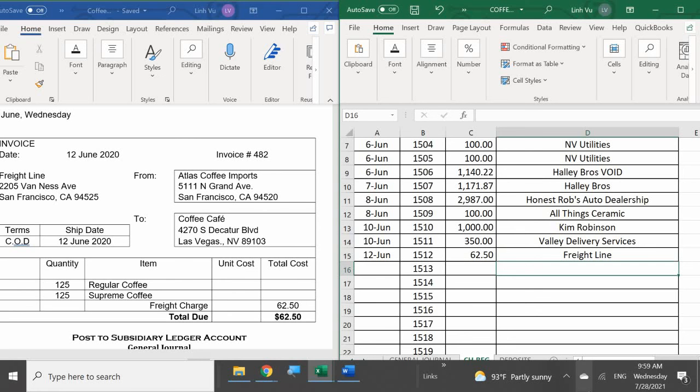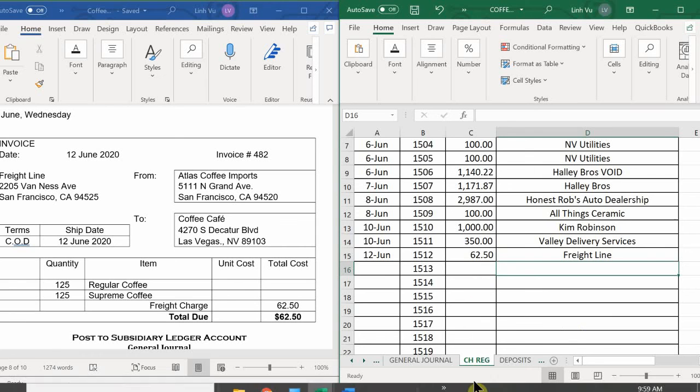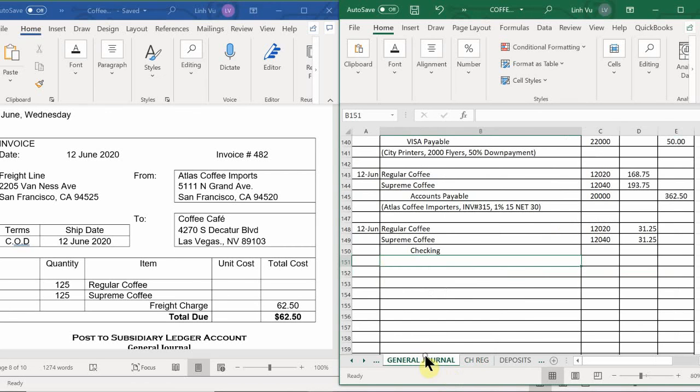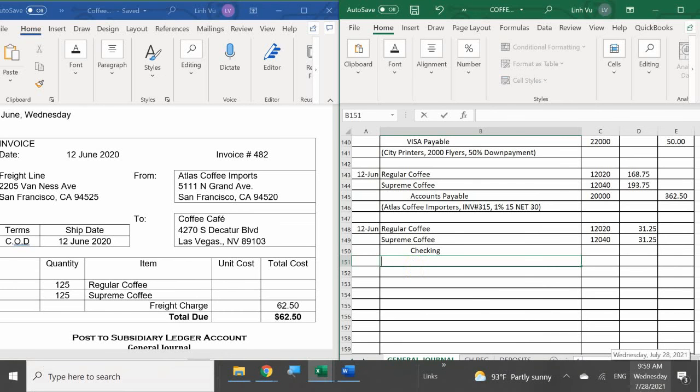Now that we have our check number 1512, we can update my journal because we have all the information that we need. Number 1 is the person you dealt with, so in this case, freight line. This was invoice number 482. This was COD, and we wrote check number 1512.